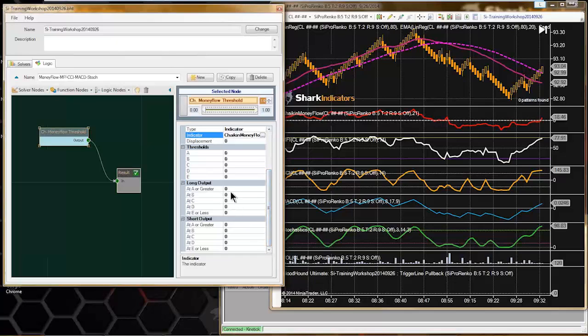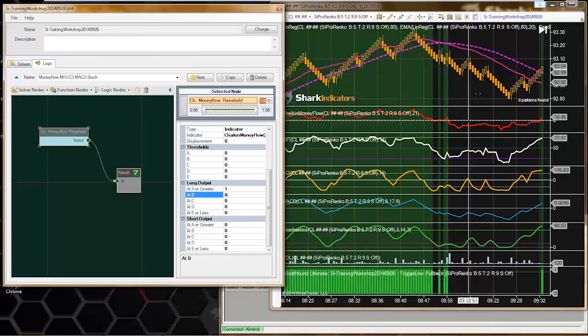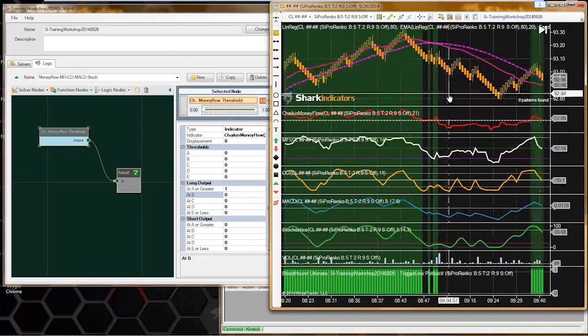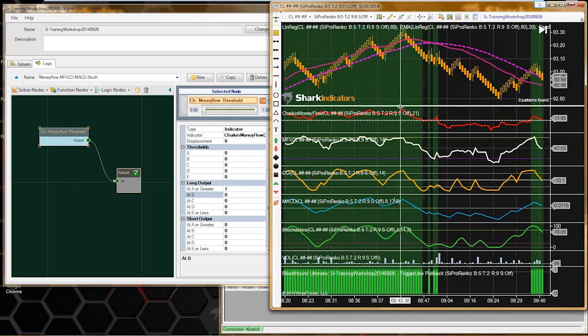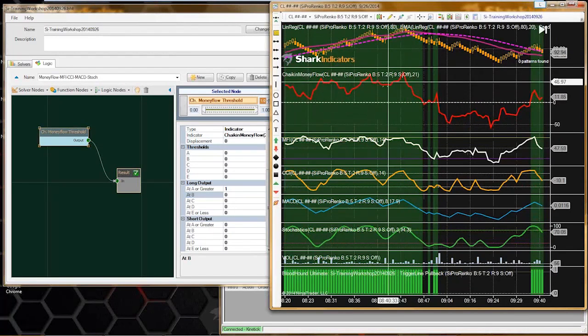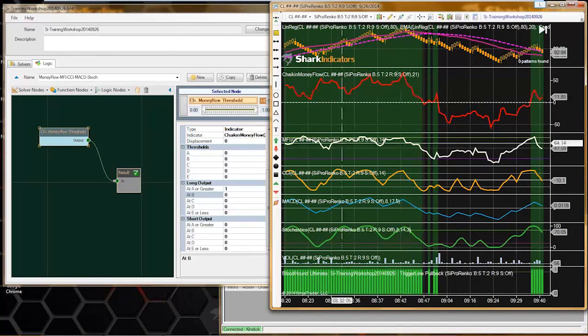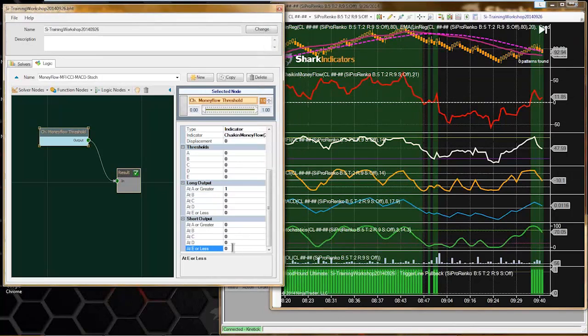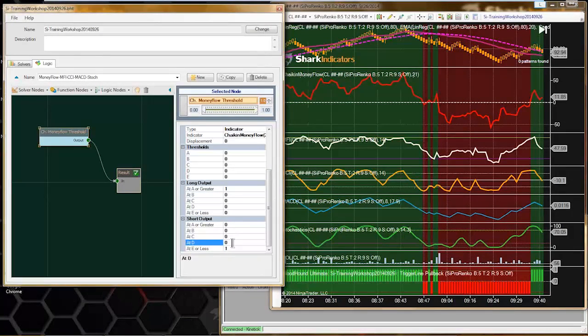Alright, so when it's above 0, we want a long output. Alright, so if we look at our chart, there we go. When it's above 0, we're getting a long output. And now, if it's below 0, we want a short output.